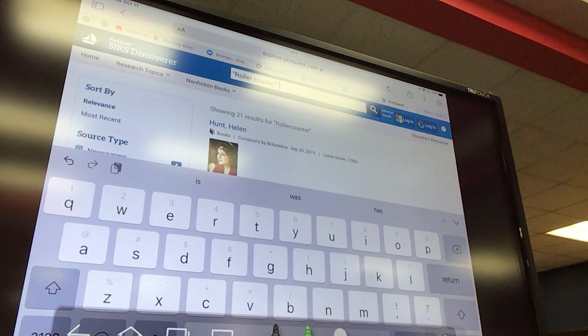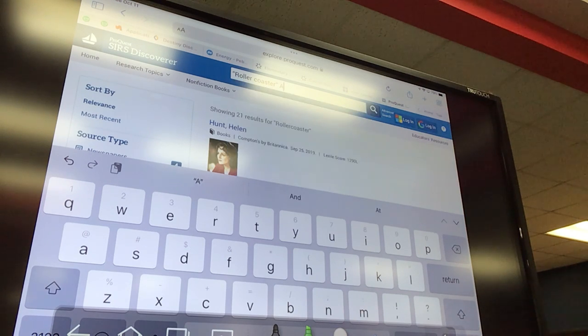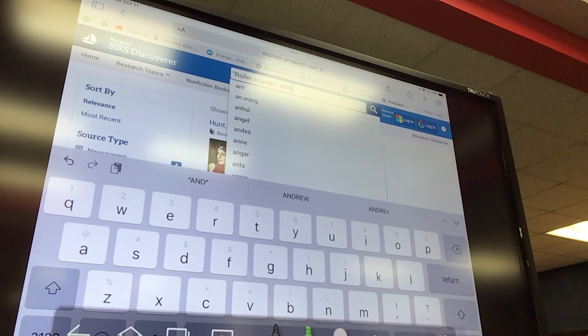And, because you want roller coaster and how they're built, right? Because she wants to narrow her choices. So we're going to say and. Here's how I do it. Built. Let's try it that way.